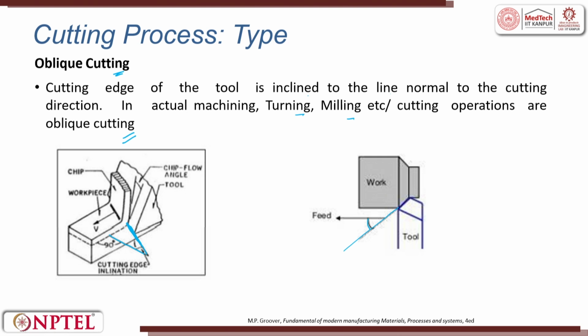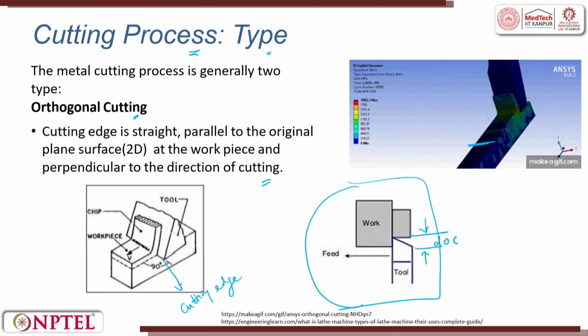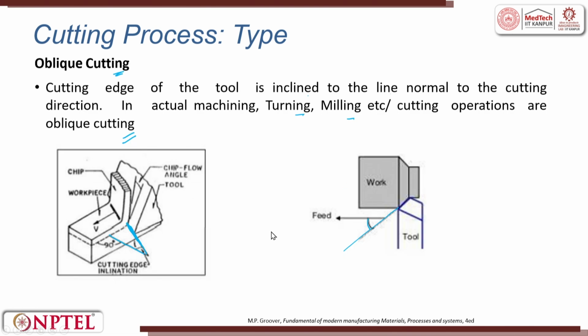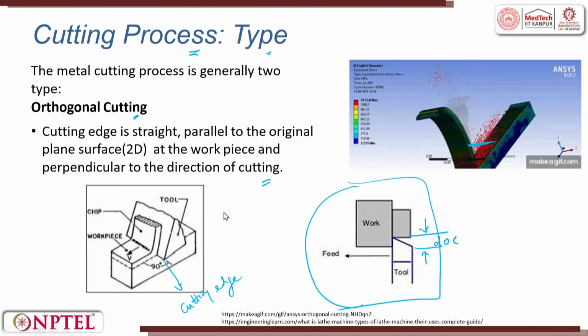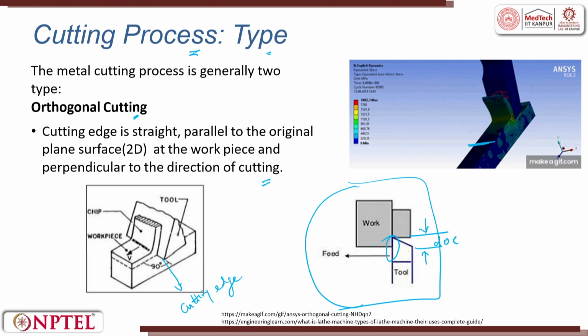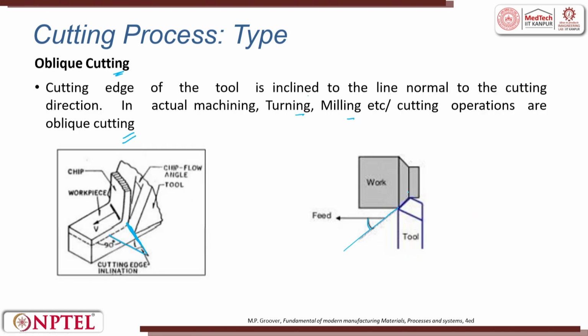If you see both the figures, you will clearly understand this is orthogonal cutting and this is oblique cutting. Look at the cutting edge here and look at the cutting edge here. This is oblique cutting. In reality, it is always oblique cutting, but for simplification in the measurements and other derivations, we always assume it to be orthogonal cutting.